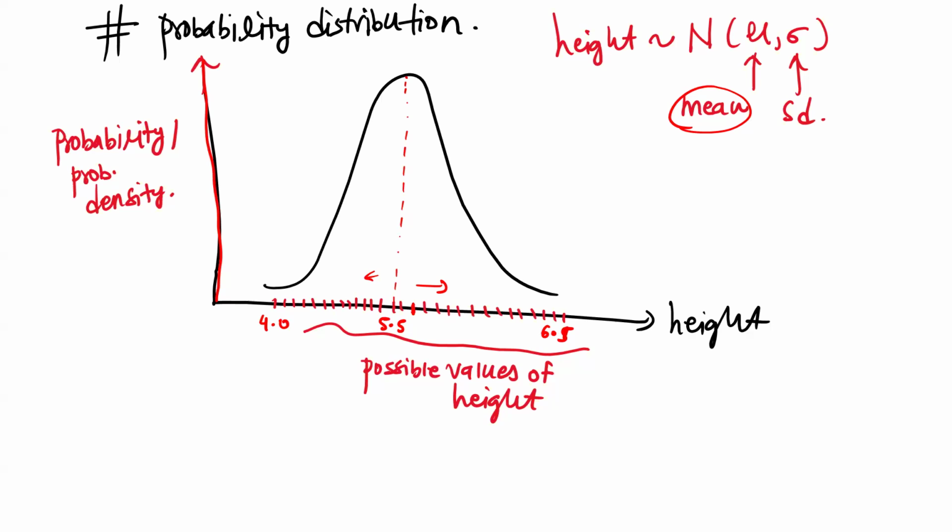If you go in and pick somebody, what will be the height of that person? According to this, 5.5. But are you sure it's going to be 5.5?